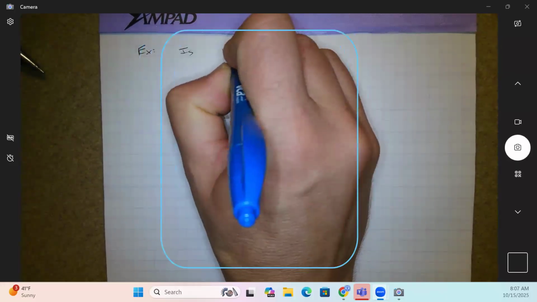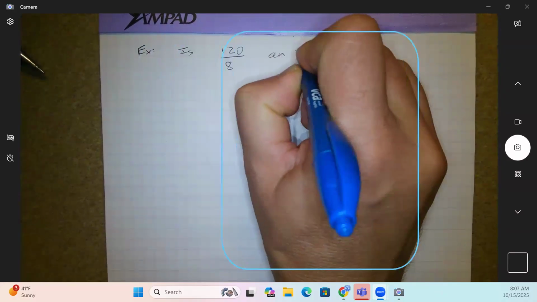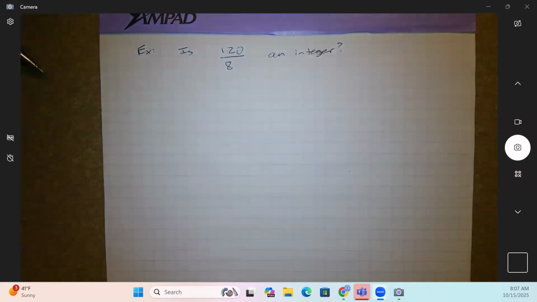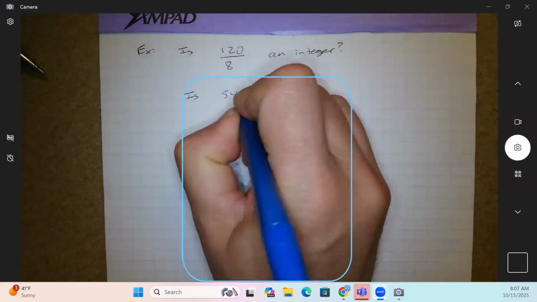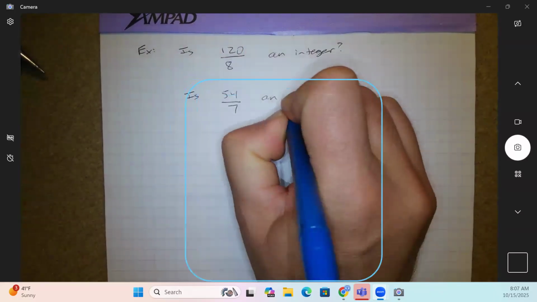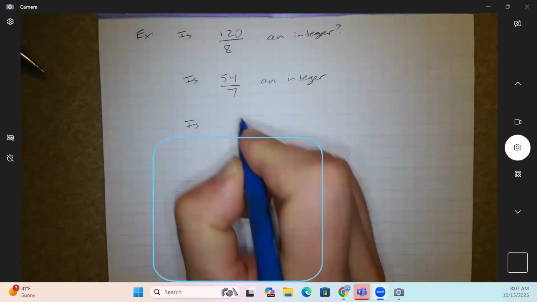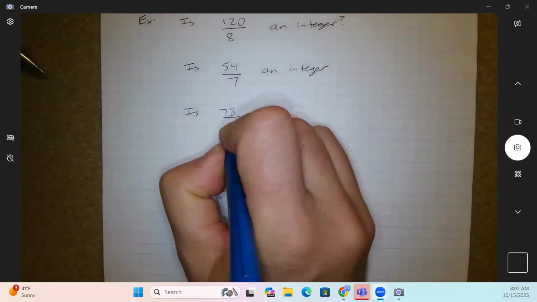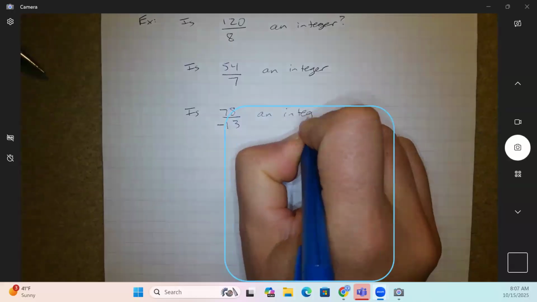Is 120 divided by 8 an integer? That's going to take a little bit of time if you're counting your way up, but that's all right. Is 54 divided by 7 an integer? And is 78 divided by -13 an integer?